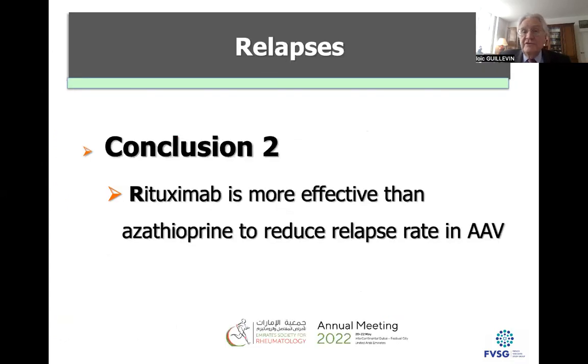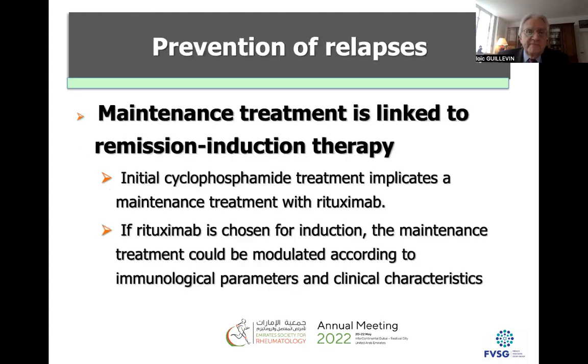And the conclusion is rituximab is more effective than azathioprine to reduce relapse rate in ANCA-associated vasculitis. What does it mean? It means that the choice for maintenance now should be, in systemic disease, rituximab, and not azathioprine, not methotrexate, and not mycophenolate mofetil.